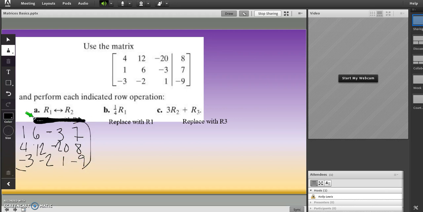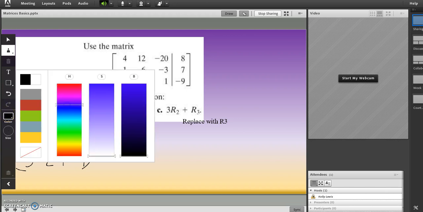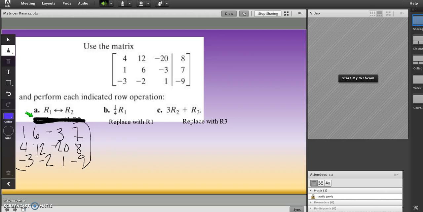So I just interchanged 1 and 2. I just flipped them. And then for B, I'm going to do row 1 times a 4th, and I'm just going to replace row 1 with it. So 1/4 times 4 is 1. 12 times 1/4 is 3. -20 times 1/4 is -5. 8 times a 4th is 2. And then I'll leave everything else where it belongs.